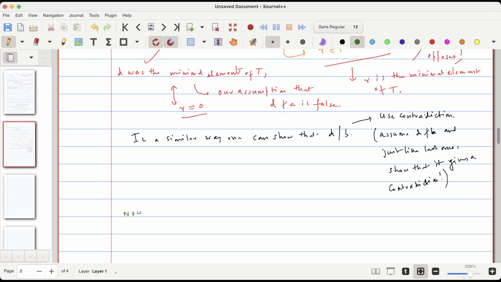We need to show that D is the greatest of all common divisors.